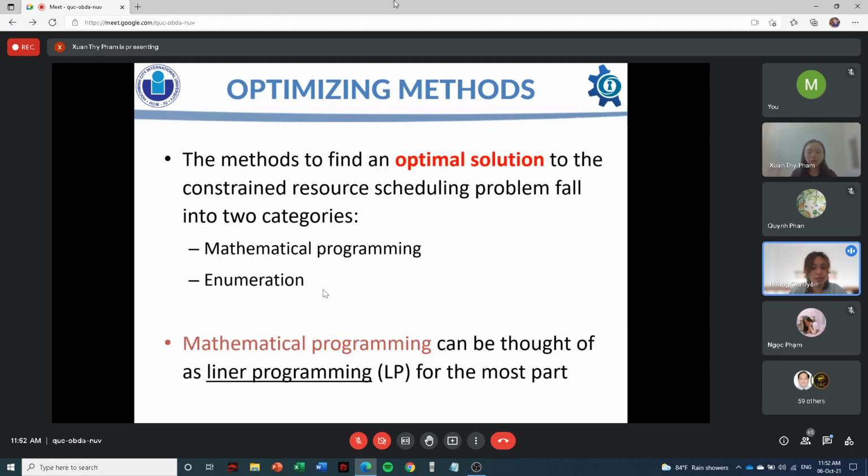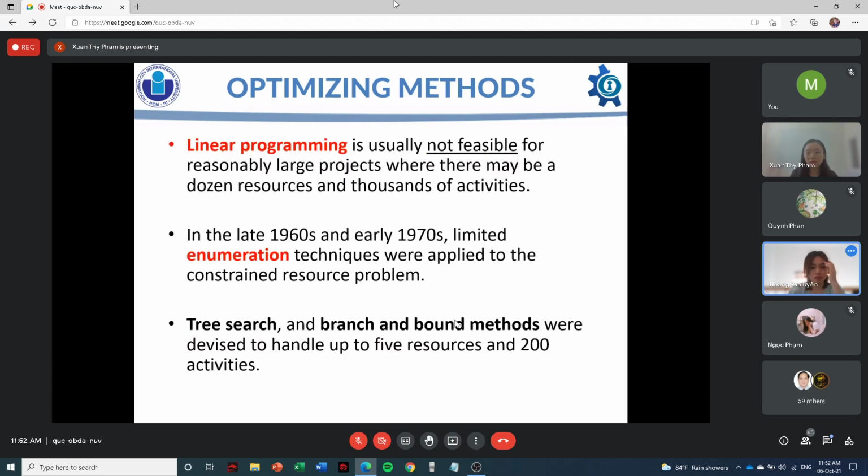About optimizing methods, these are the methods to find an optimal solution to the constrained resource scheduling problem and often fall into two categories, mathematical programming and enumeration. Mathematical programming can be thought of as linear programming for the most part. Linear programming is usually not feasible for reasonably large projects where there may be a dozen resources and thousands of activities.